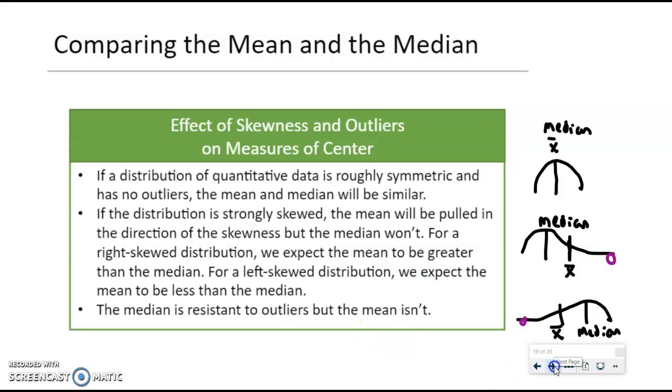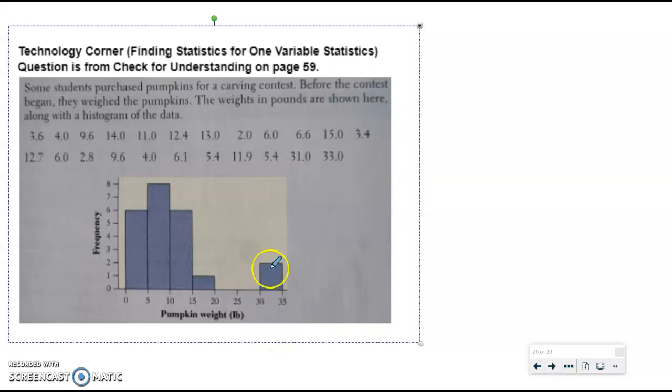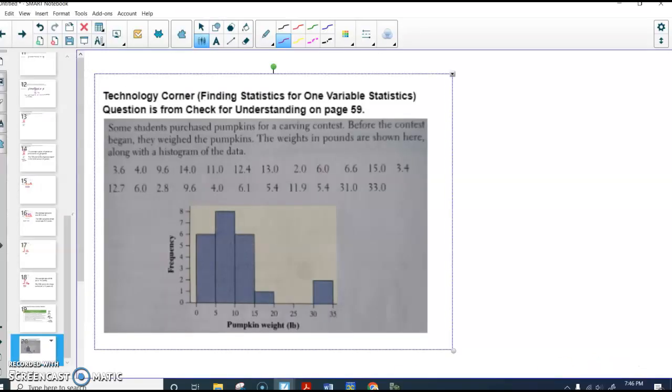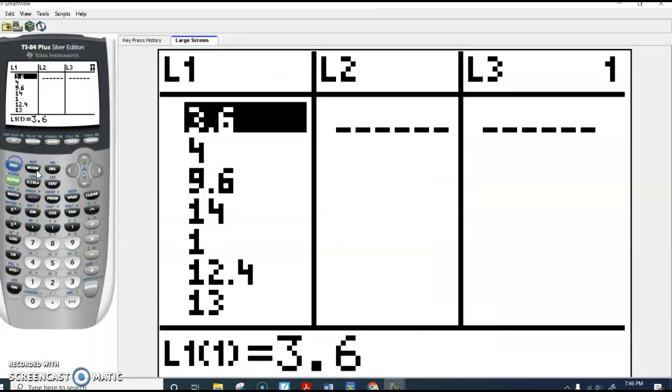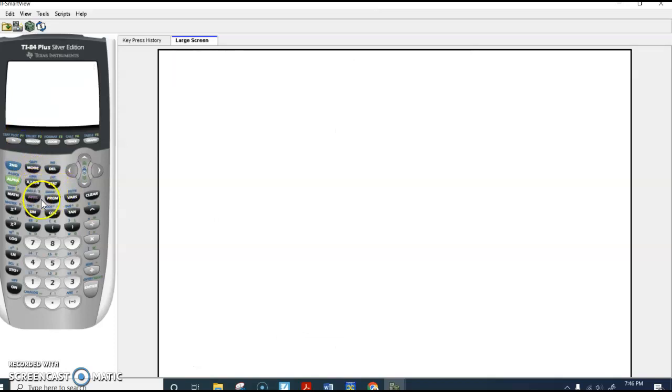Okay, so let's look at this using our calculator. Take out your calculator, and you can pause this video during this time. I'm going to enter each of these pieces of data into my calculator. I'm going to press the stat button.